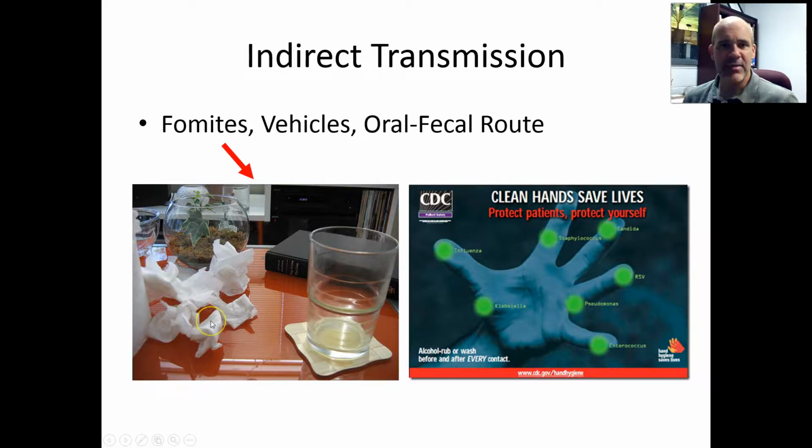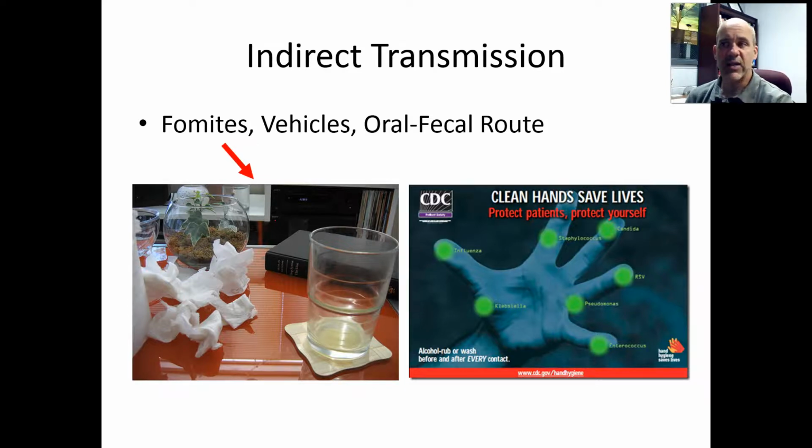These nasty Kleenexes over here, if you handle those, are fomites. They're inanimate objects where these pathogens are harbored. The surface of a table could be a fomite. And you'll hear that term used when you study different infectious diseases, because some microbes can persist on fomites and some cannot. It just depends on the properties of that microorganism.